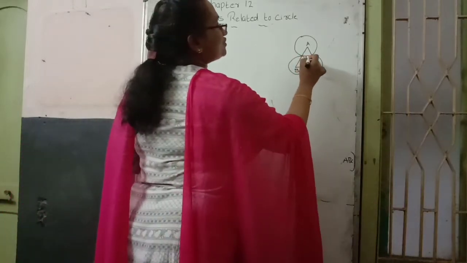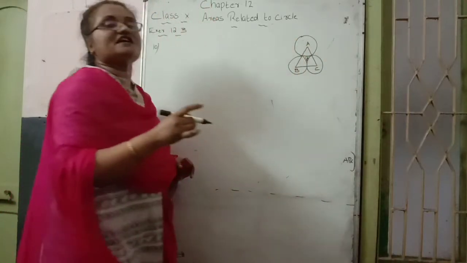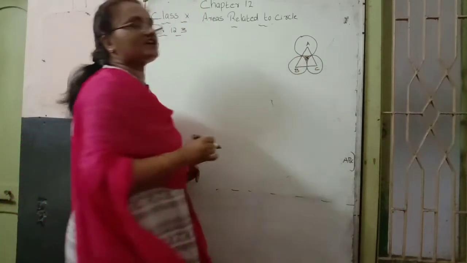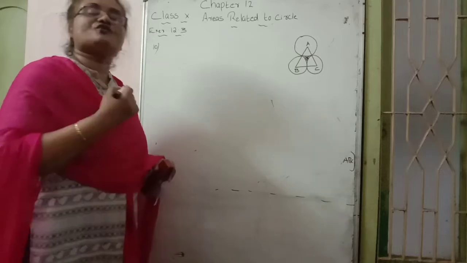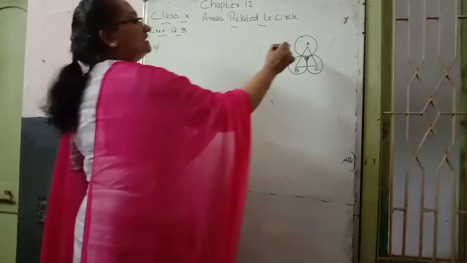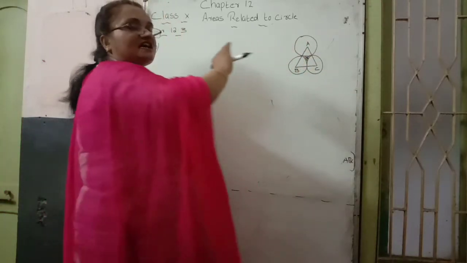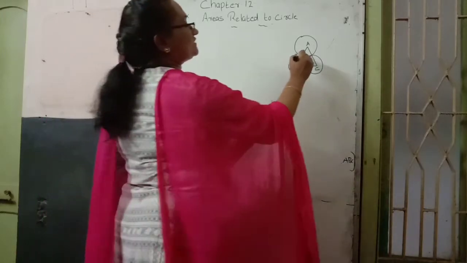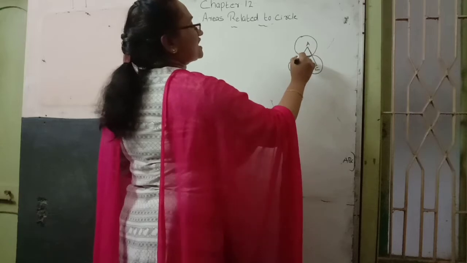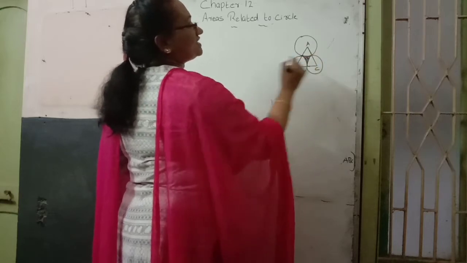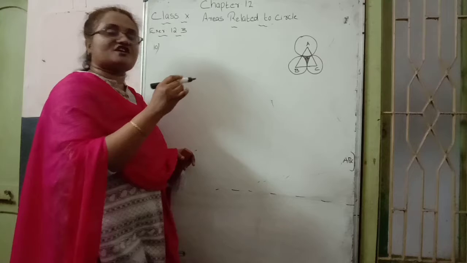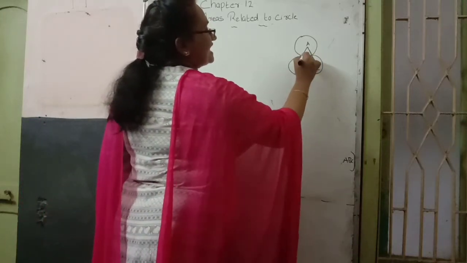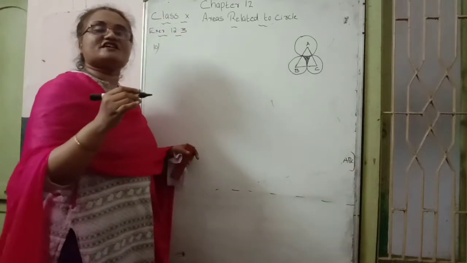What they ask us to find is this shaded portion's area. How to find that area? Here, the area of the equilateral triangle is subtracted by the area of these shapes. These shapes are called sectors. What is a sector? Two radii and an arc joining them form a region, and we call it a sector.